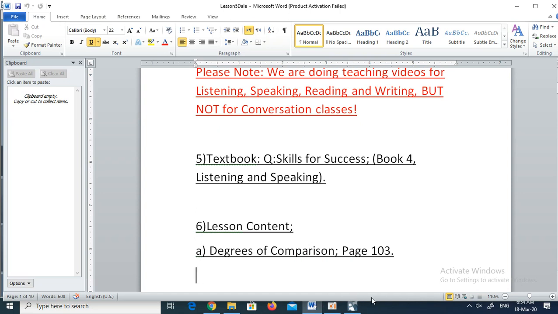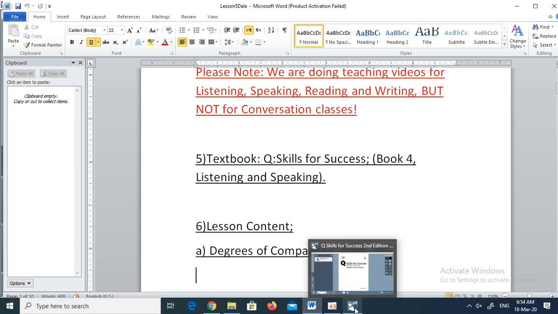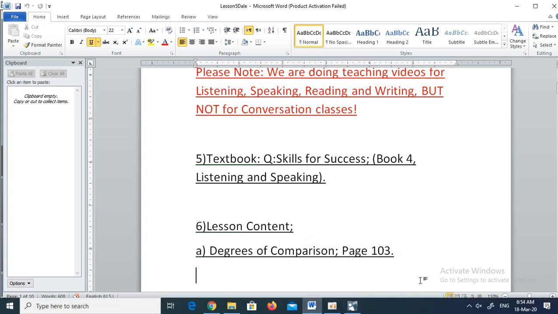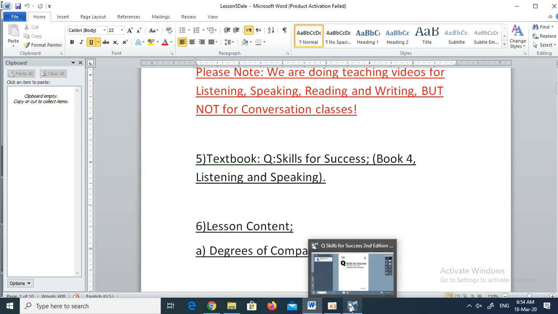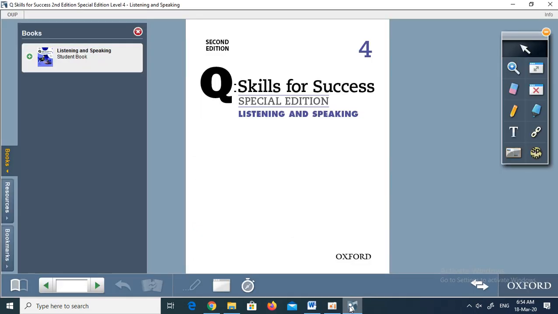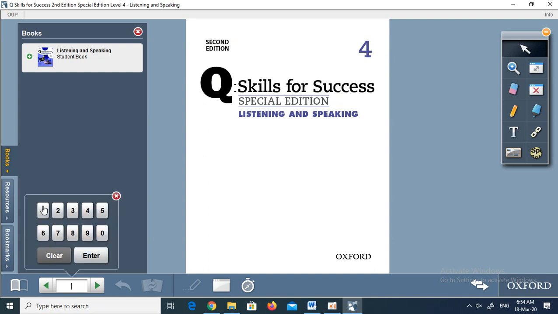The lesson today is from page 103, and it is on the adjectival degrees of comparison. So, page 103.